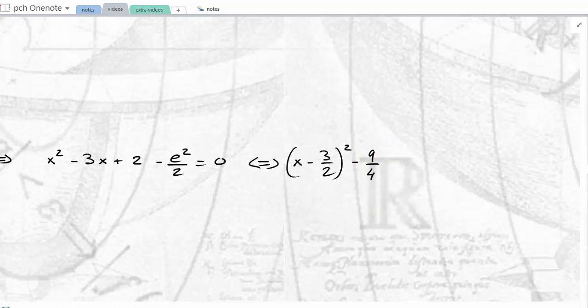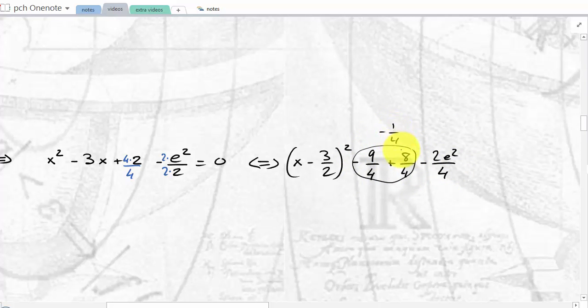All right, now this is 4 right here. So let me multiply by 4 right here. And here I'm going to multiply by 2. Okay, just to get my common denominator. So I have plus 8/4 minus 2e squared over 4. So this is negative 1/4 minus 2e squared over 4.